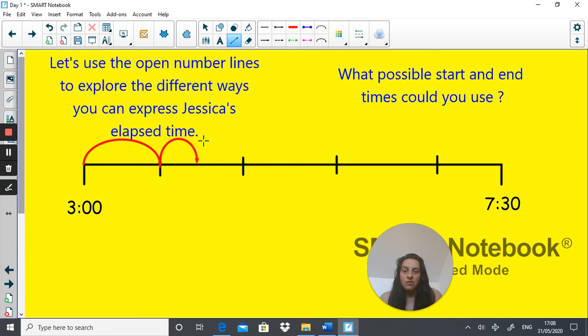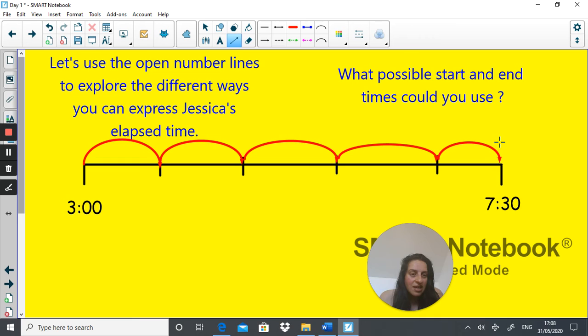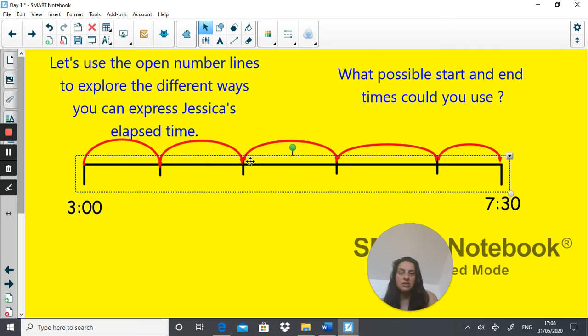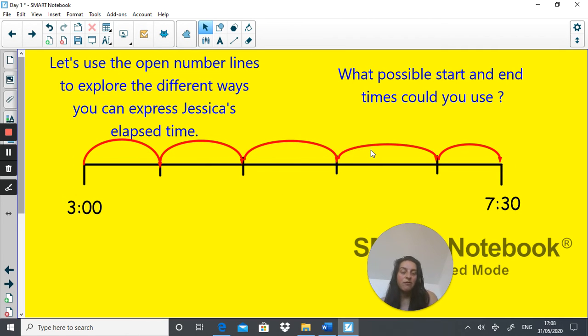Then 4 to 5, 2 hours. 5 to 6, 6 to 7, and then you have this little one here, 7:30, which is 30 minutes. So when you start counting it, it will say 1 hour, 2 hours, 3 hours, 4 hours, and 30 minutes. Okay, so that is the answer, 4 hours and 30 minutes.